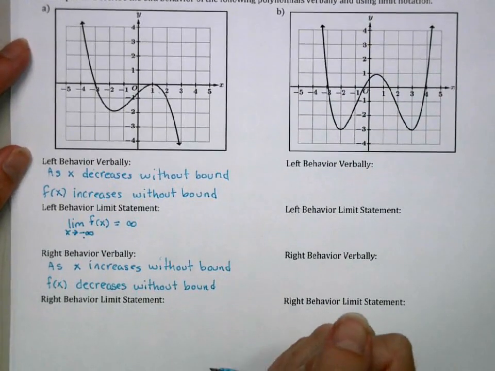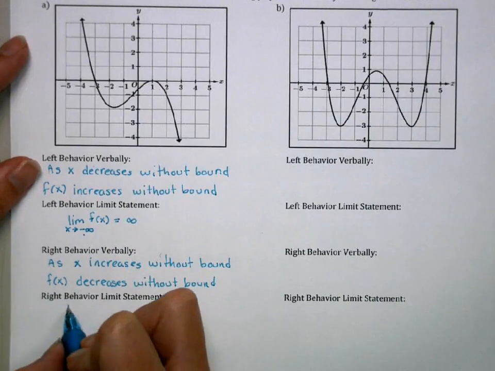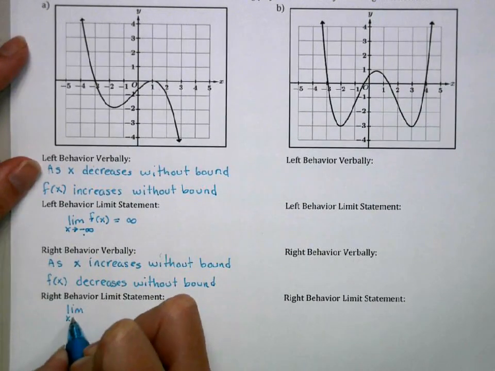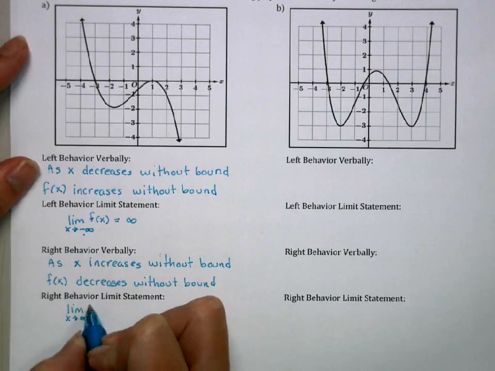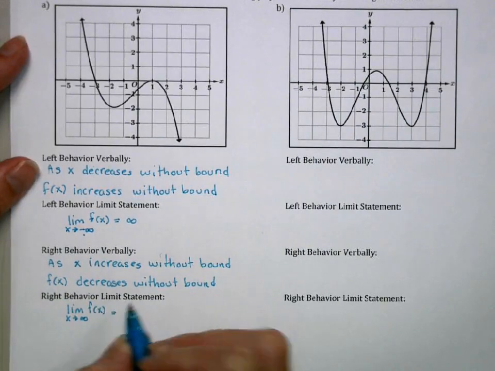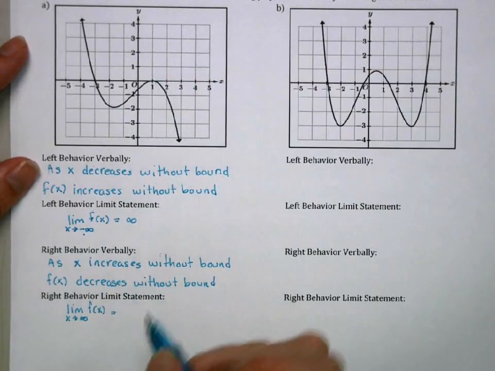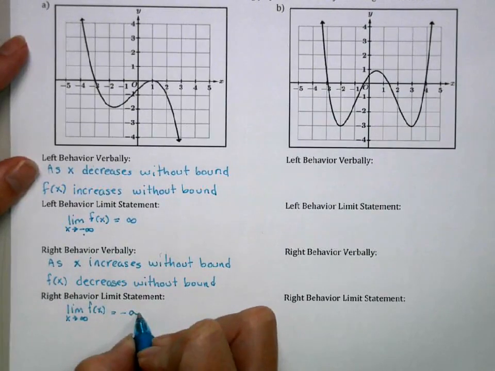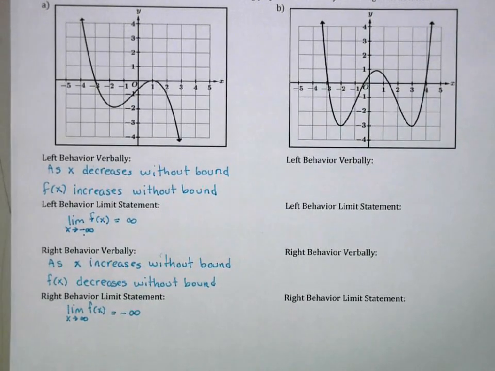And then how we'll say that with a limit statement is the limit as x goes to positive infinity of f of x. Since these are decreasing without bound, they are headed towards negative infinity.